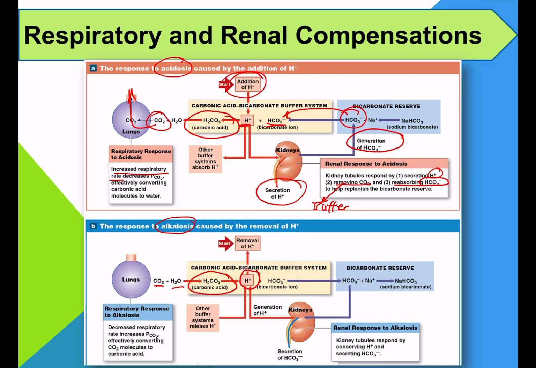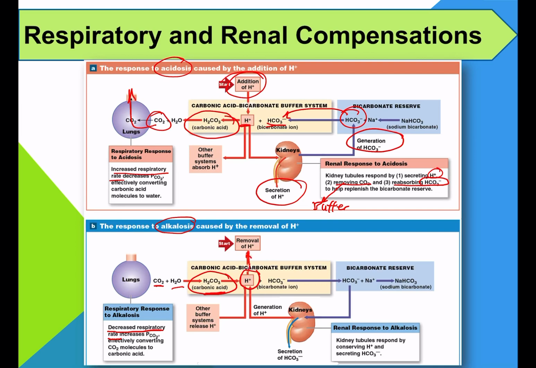So your lungs will decrease respiratory rate, which increases the amount of CO2 in the body to form carbonic acid, to form more hydrogen ions, to replenish the system and decrease the pH back to normal.